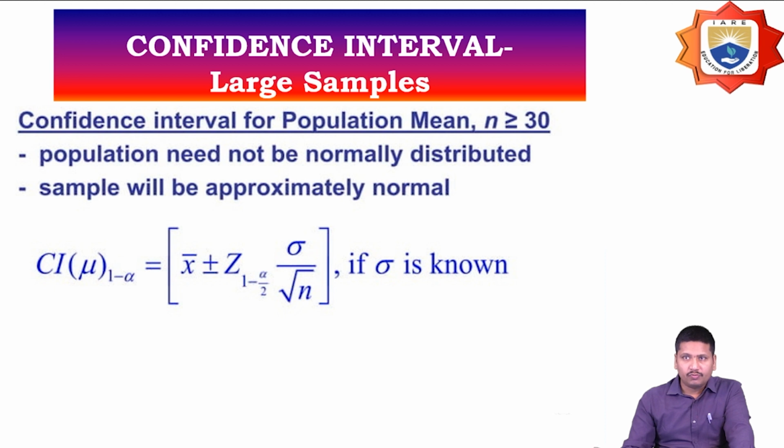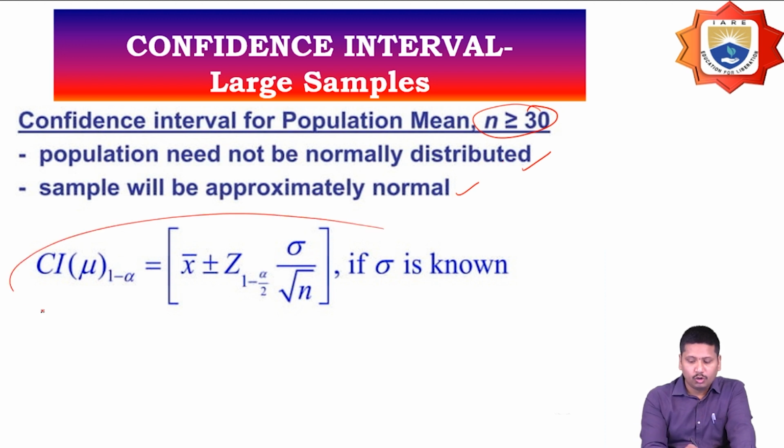Now, how is the confidence interval applied for larger samples? For a confidence interval of the population mean, the sample size should be greater than 30. The population need not be normally distributed, and the sampling distribution will be approximately normal.